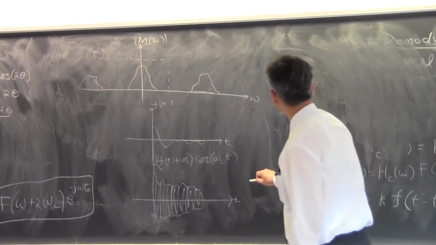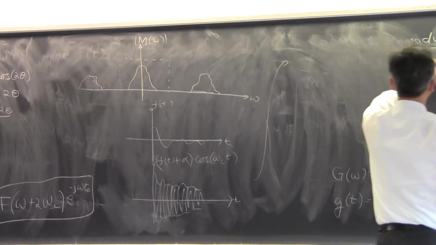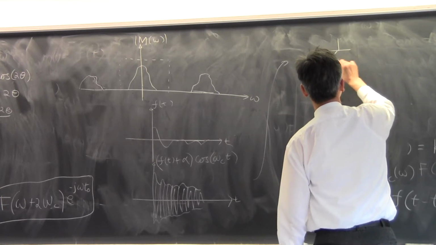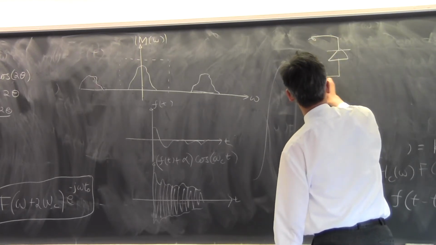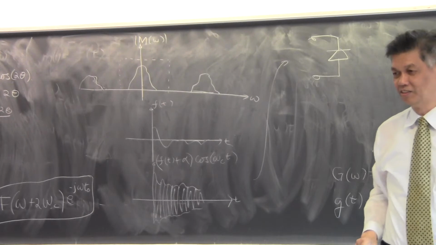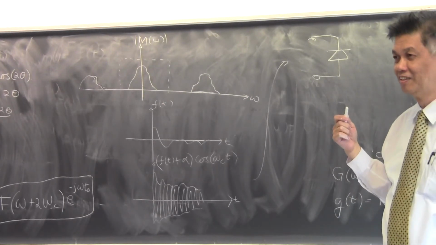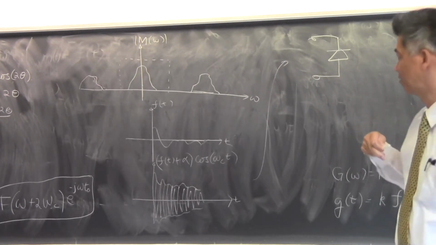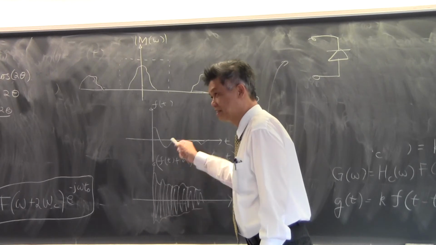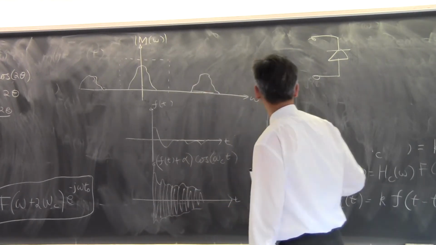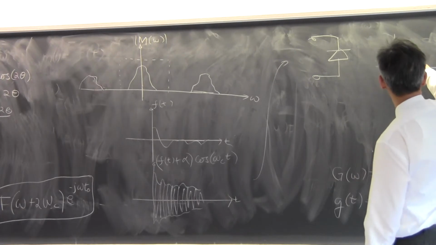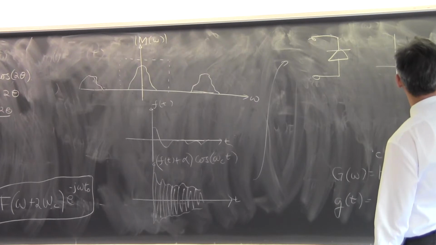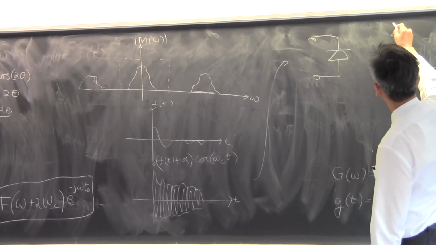But now if you get this signal and pass it through a diode, the diode is something that just looks like that. You might have learned about this diode in your other course. What does it do? It's a rectifier. It only lets current flow in one direction but not the other direction. So as this AC signal is coming in, you will just cut off all this. After it goes through the diode, what you have is just the upper half of the signal. This is rectified.